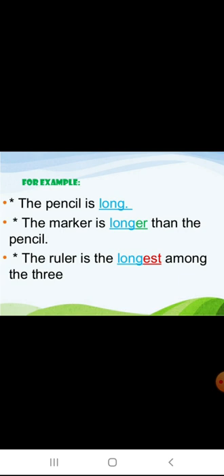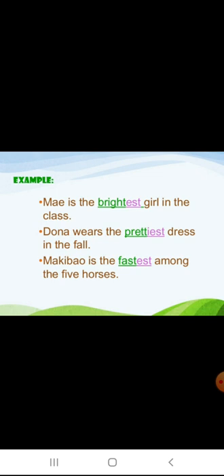Long, longer, longest. You see, Mai is the brightest girl in the class. Here we used the brightest, so this is the superlative degree. Donna wears the prettiest dress in the fall. The is there, so it is a superlative degree. Mike Bro is the fastest among the 5 horses. Among all the horses, Mike Bro is the fastest horse.